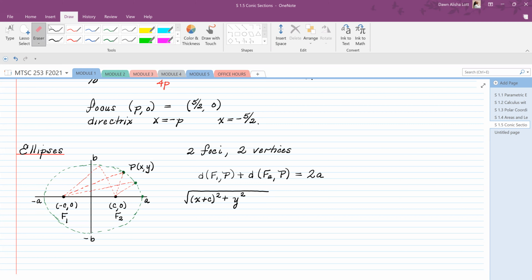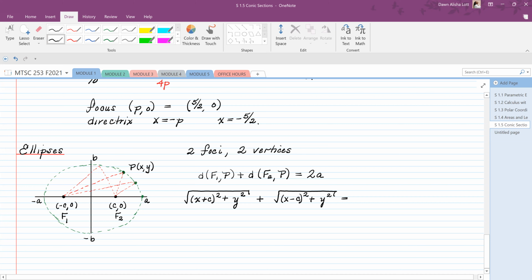That's that distance, plus the other distance, the square root of (x minus c) squared plus y squared. And that has to equal 2a.